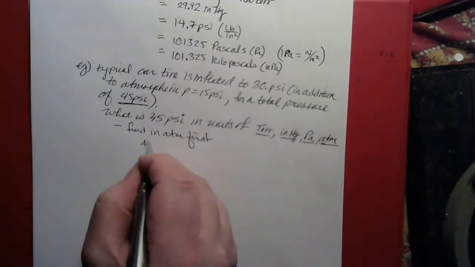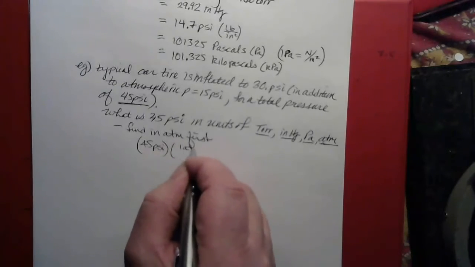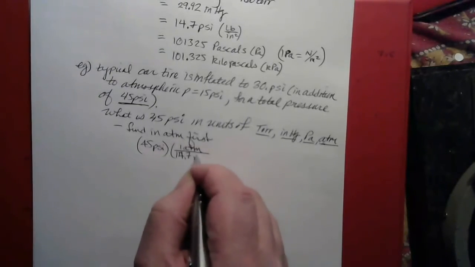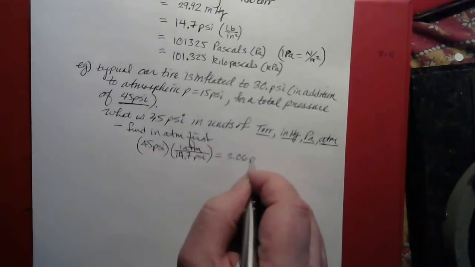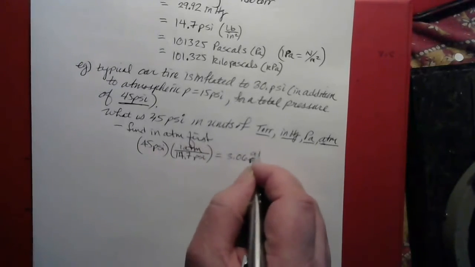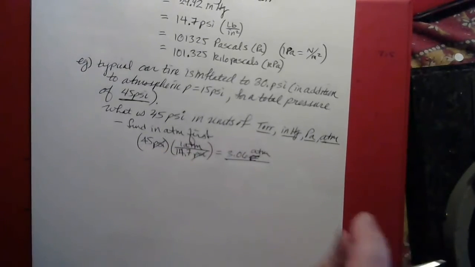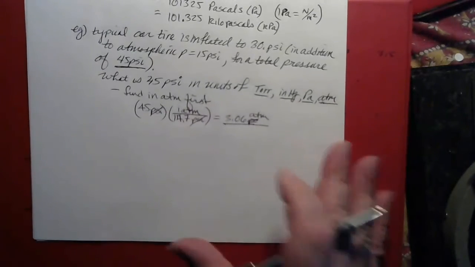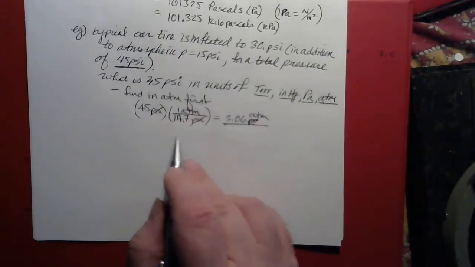Okay, so 45 psi, and there's 1 atmosphere for every 14.7 psi. And that lands us with a pressure of 3.06 atmospheres. So the pressure inside the car tire is about 3 times atmospheric pressure.